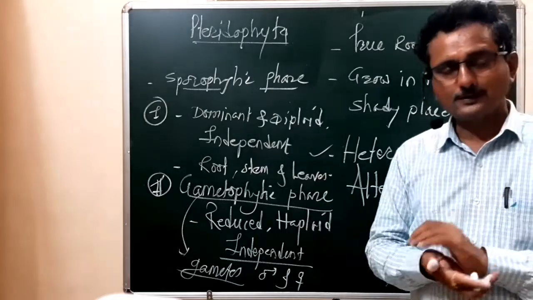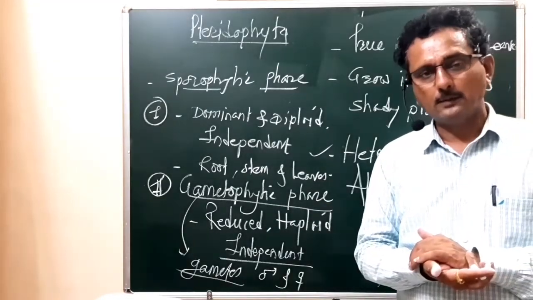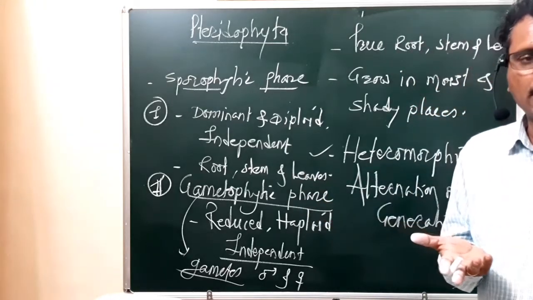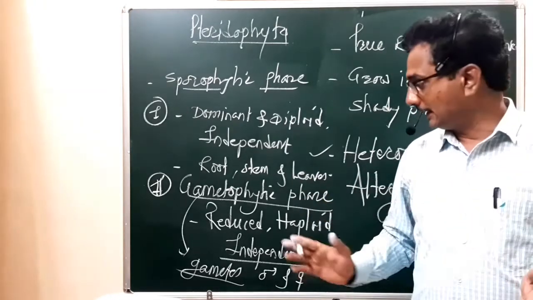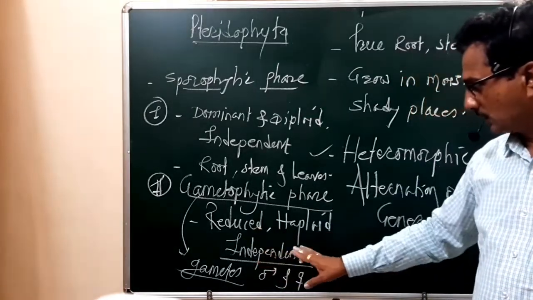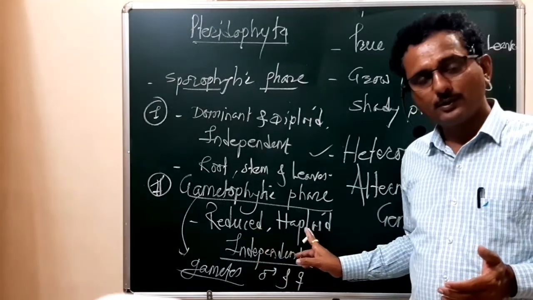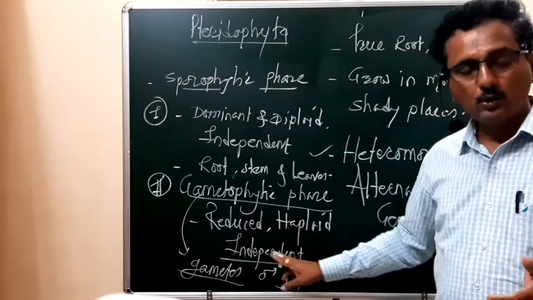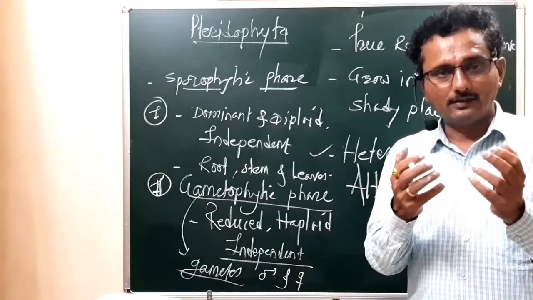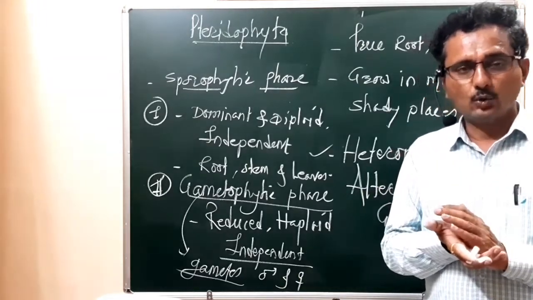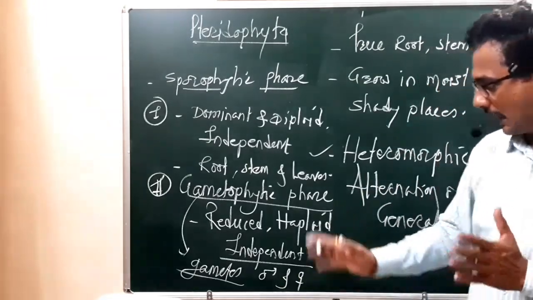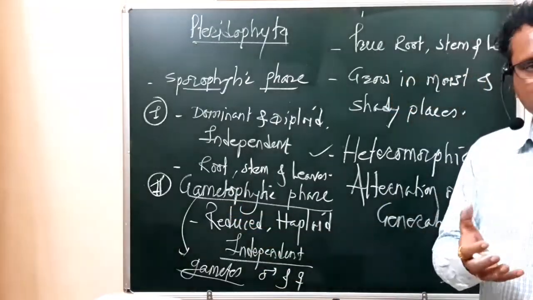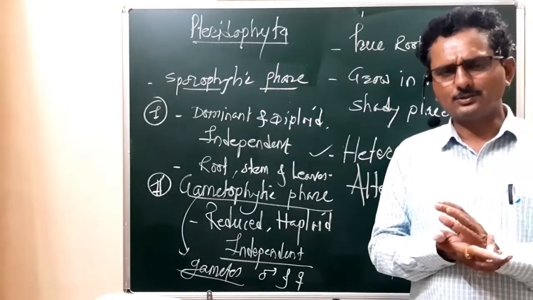The Gametophytic phase is developed later, but it is totally separate and highly reduced. They are haploid because they develop from haploid spores, and they are also independent, meaning they are able to prepare their own food. What is meant by the gametophytic phase is that they produce the gametes.